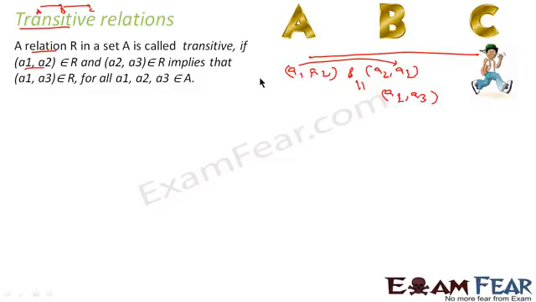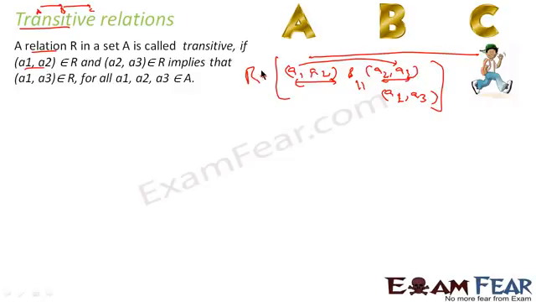A relation is said to be transitive if and only if you find that A1, A2 is part of the relation set R, also A2, A3 is part of the set, then A1, A3 has to be part of the set. If that is true, then only that particular relation is called a transitive relation.